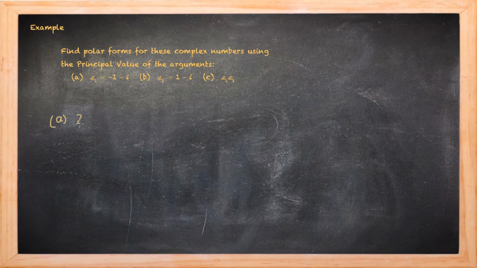Okay, so let's tackle A. We've got the complex number Z1, which is -1 minus i. Let's locate it on an Argand diagram: 1 to the left, 1 down. And we'll complete a right-angled triangle.